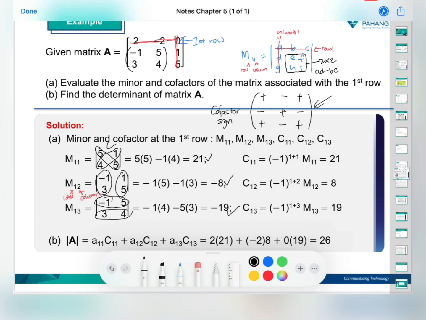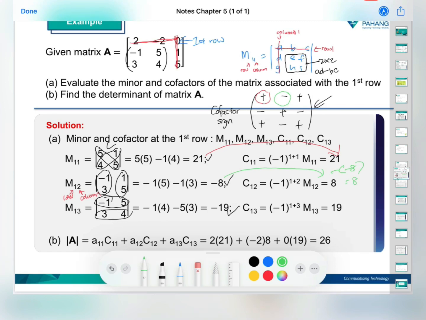For example, M11 is row 1 column 1, which is positive, so 21 will become 21 again. M12 is the green one here, negative, so your negative 8 will become 8, because negative of negative 8 is positive 8.